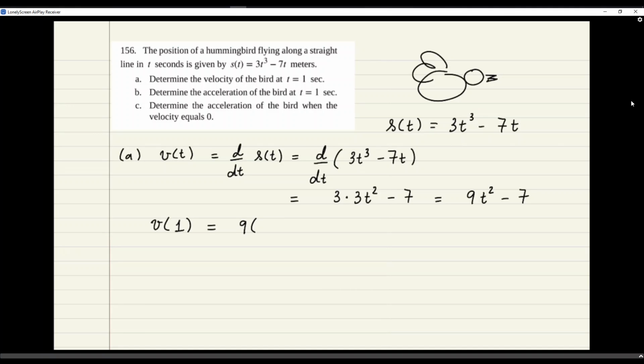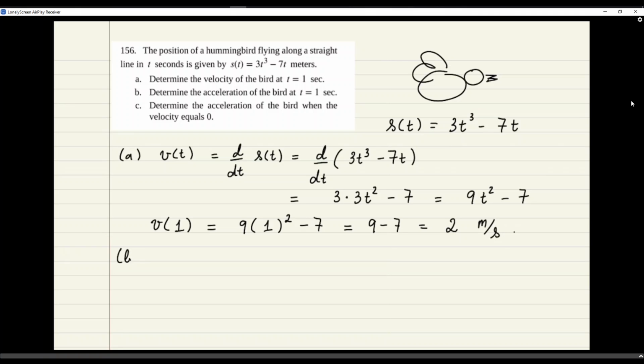Plug 1 into this equation, we get 9 times 1 squared minus 7, which is 9 minus 7, and that gives us 2, and the unit is meter per second, because distance in this problem is measured in meter and time is in second. Alright, so that's part A.